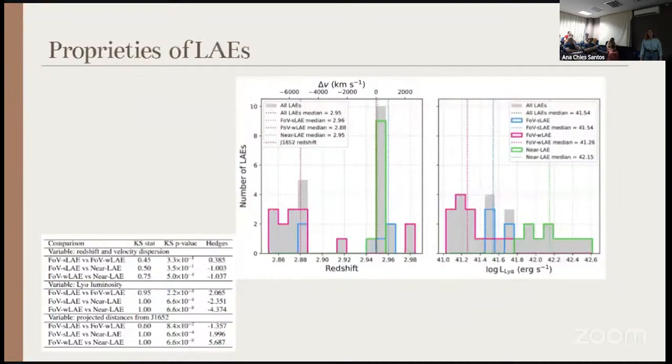Here, I just put the distribution of the redshift and velocity offset for these 31 Lyman-α emitters. We can see the quasar redshift is here, at 0 velocity offset.